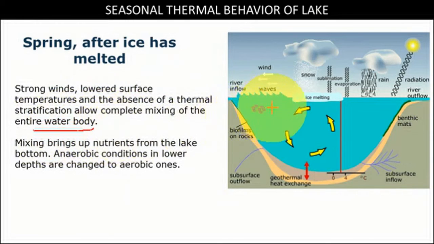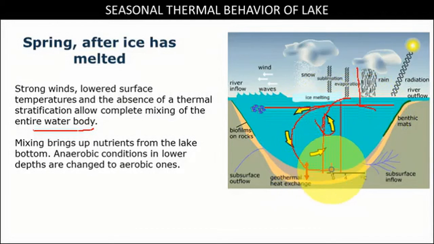It means the ice cover is not there, the dense water is not there, the whole situation of the lake is now different, and there is no stratification because the ice melted and it gets mixed with the water below its level. So there is a total mixture of water. Slowly it becomes a mixture of nutrients and oxygen.